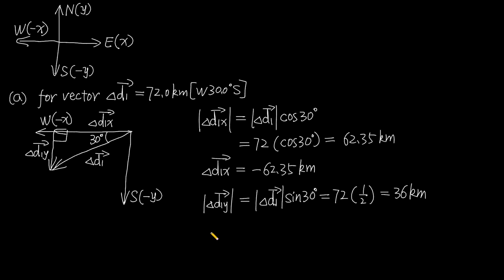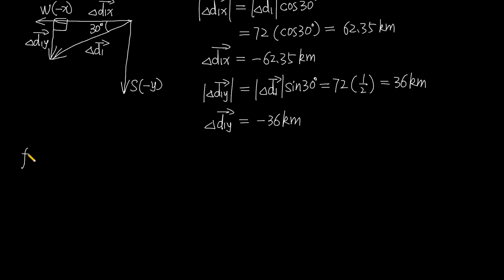Then the vector delta D1y is just negative 36 kilometers. It's negative because its direction is the negative y direction.